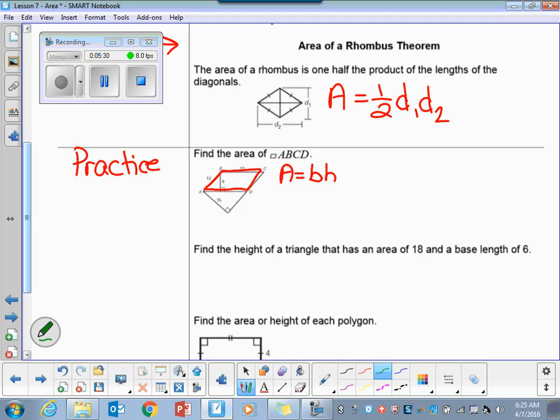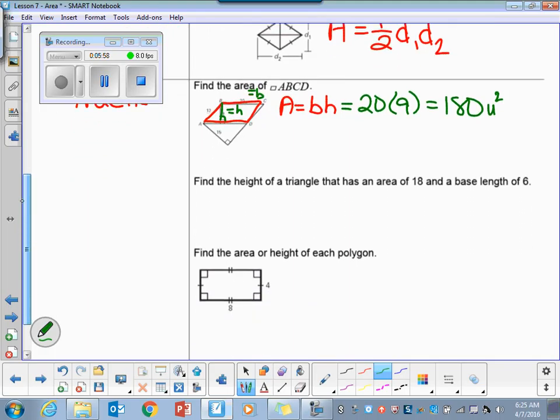Looks to me like my height here is 9, and my base is the parallel side on top, which is 20. So area equals 20 times 9, or 180. Did they give me any units in this problem? No, so I'm going to put units squared. Remember, area is in squared units.